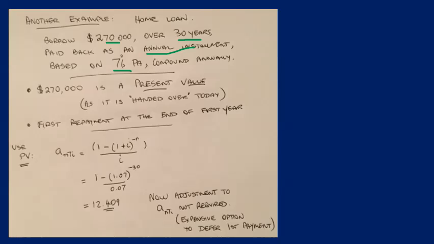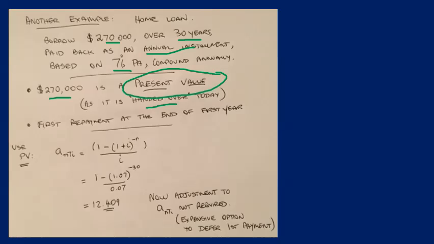As previously mentioned, loans of any size where you're repaying them are to be worked out using the present value method. That's because the money's being handed over at the beginning of this process. In the present, we're receiving $270,000 from the bank.